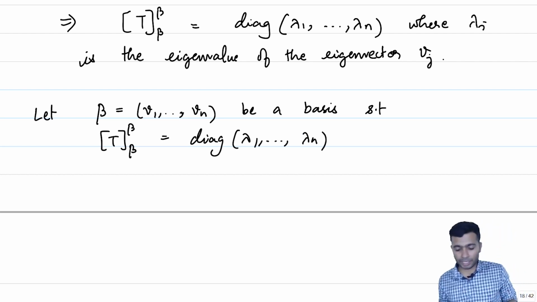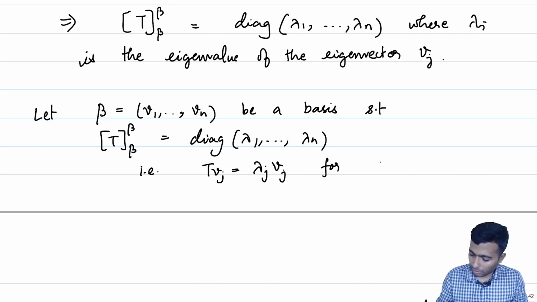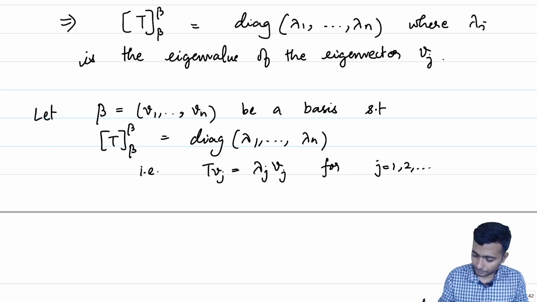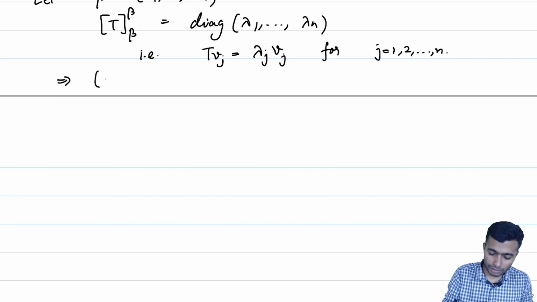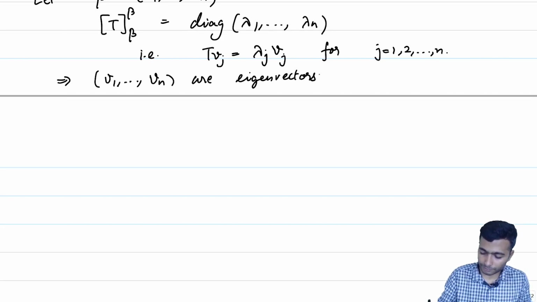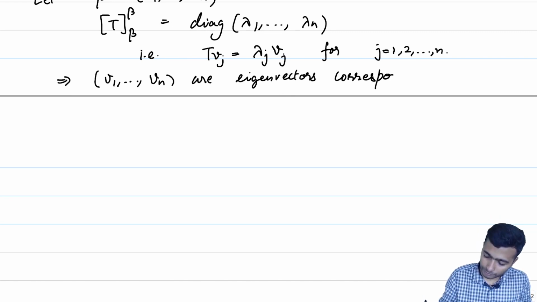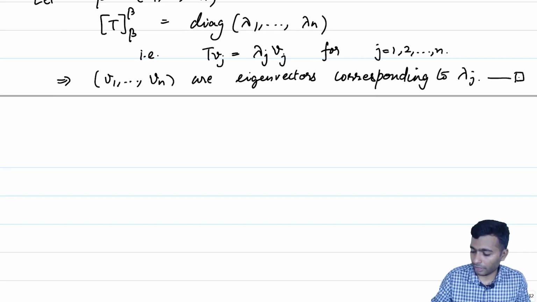But what does that mean? By very definition, this just implies, let me leave it for you to check, that T Vj is then equal to lambda j Vj for j equal to 1 to n. This just tells us that V1 to Vn are eigenvectors corresponding to lambda j. Alright, so we have proved the result.